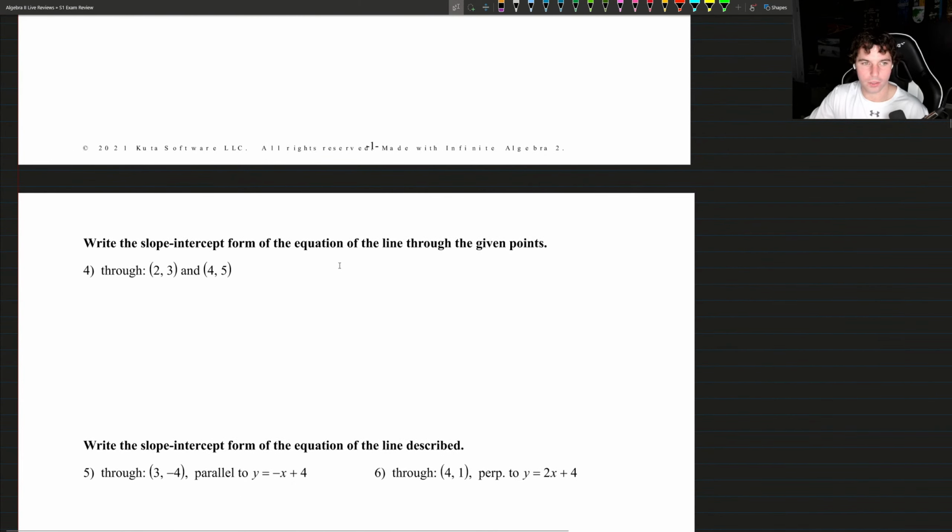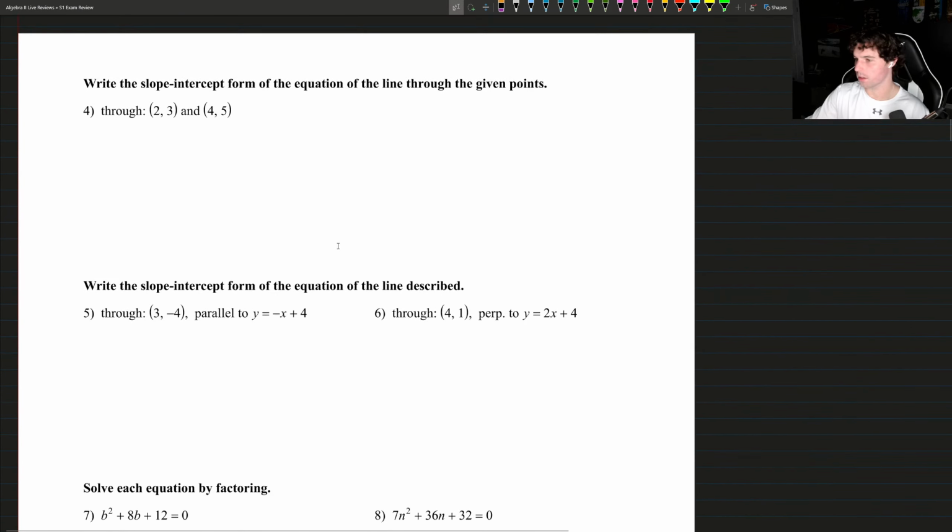Okay, where it gets a little bit harder is number 4, where I'm just giving you 2 points. Okay, again, I don't care what type of equation it's in. I left that on the test, but I'll tell you tomorrow. When you're given 2 points, really for any equation of a line, we need the slope first, right? So m is the difference in y's over the difference in x's, right?